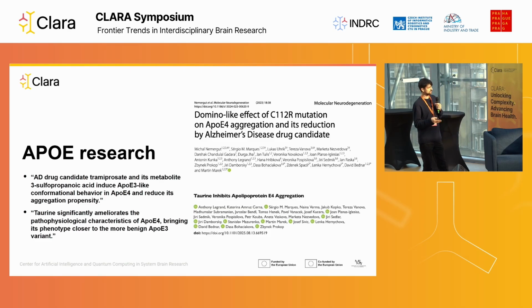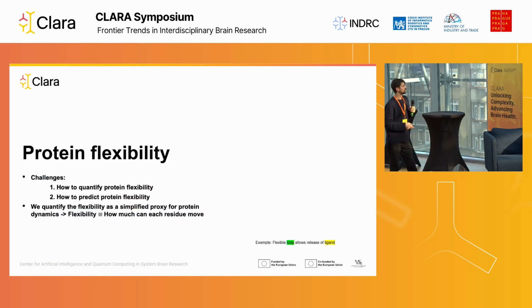In particular, they studied the effect of potential drugs for Alzheimer's disease on the process of ApoE aggregation. So I hope now everybody is motivated to study proteins and ApoE in particular. But let me tell you a bit more about proteins and one important property of proteins.